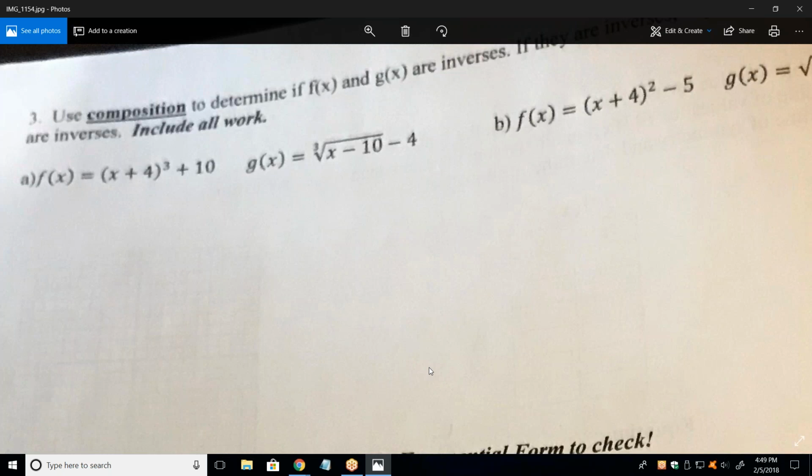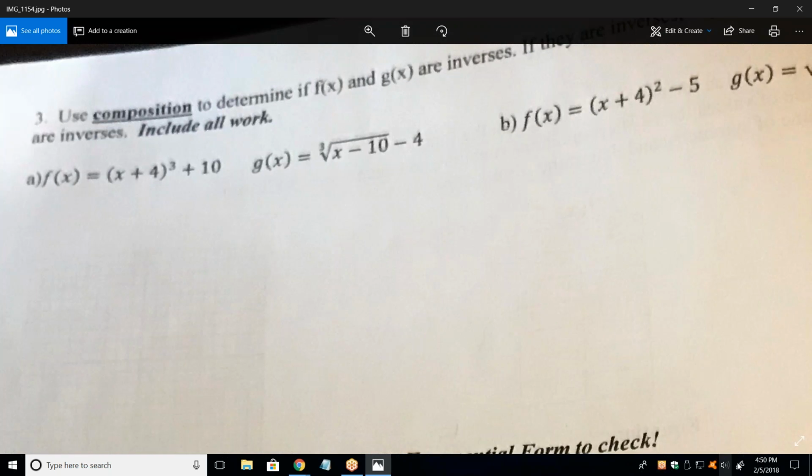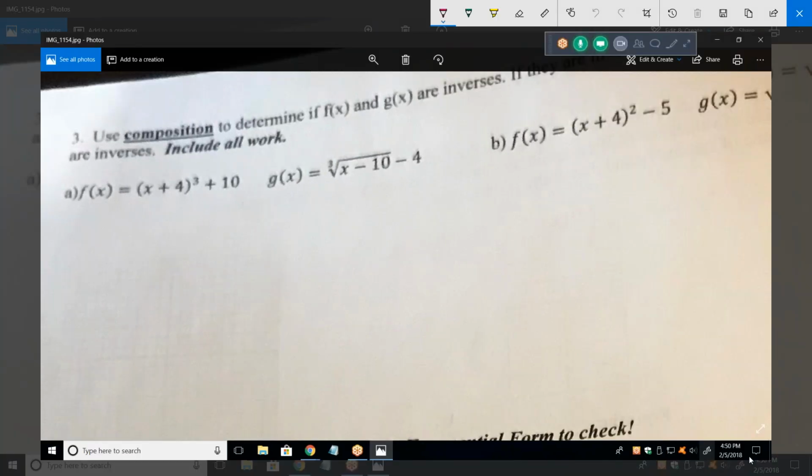Okay. Now, if I give you two functions, f of x and g of x, and I say to you, are those inverses of one another? Well, you got a couple of choices. You could solve for the inverse of f of x and see if it's equal to g of x.